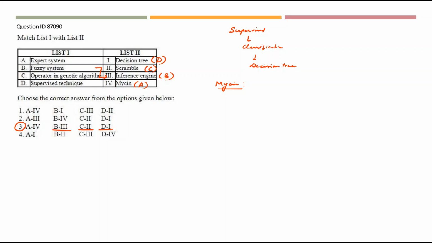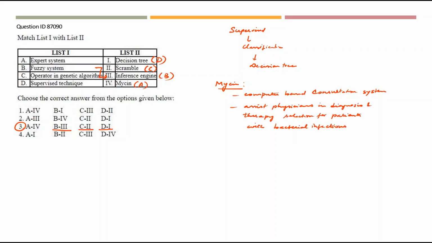This is a computer based consultation system. From the word consultation we can understand that it belongs to medicine field. This is to assist physicians in diagnosis and therapy selection for patients with bacterial infections. So mycin is an expert system. Option 3 will be the right answer. With this we are completing unit 10 questions.